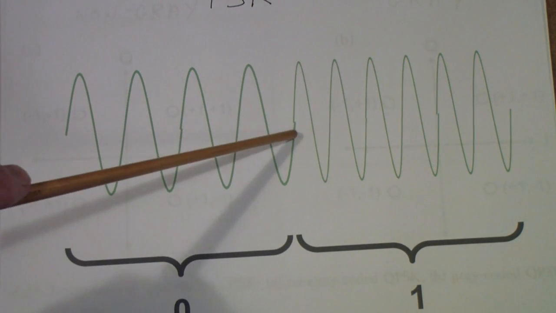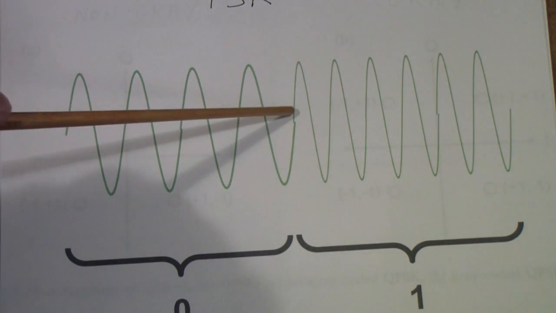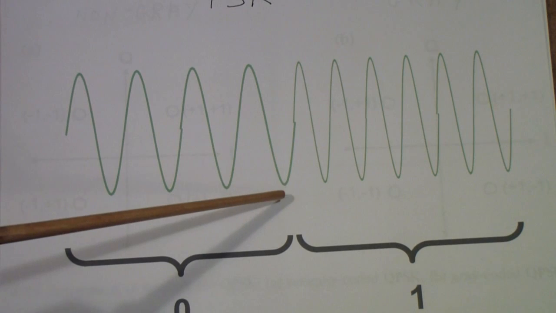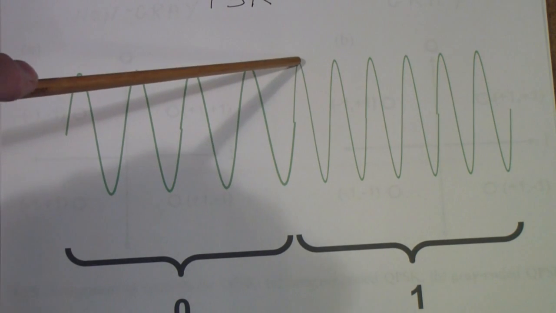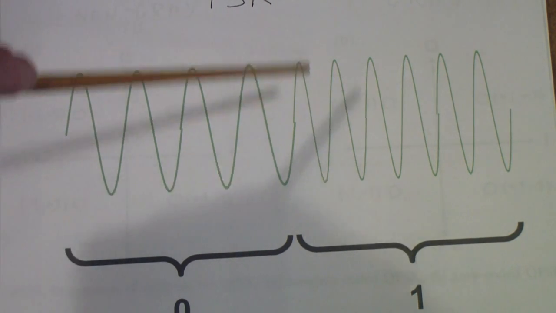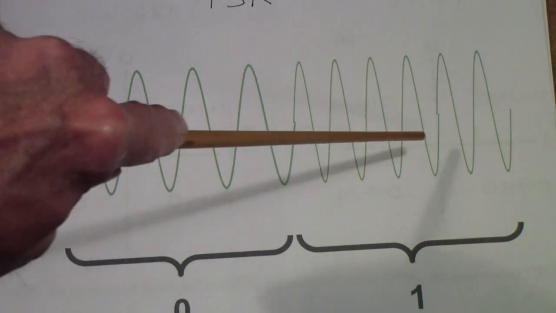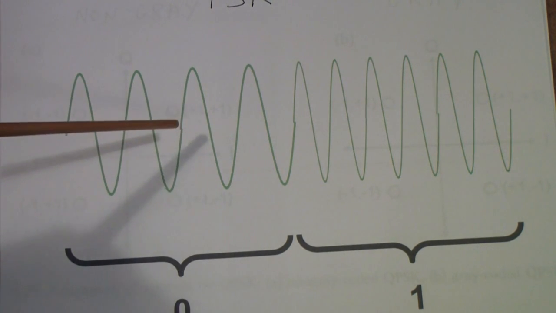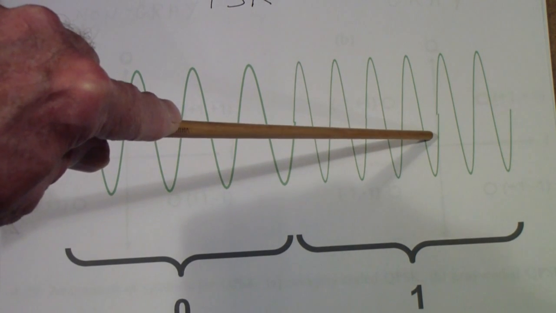This shows a very smooth transition between the two. However, this transition can be anywhere from smooth like this to a transition from this point instantaneously to this point, depending on the relative phases of the signals. So let's suppose that you have two oscillators, one running at this frequency and one running at this frequency.